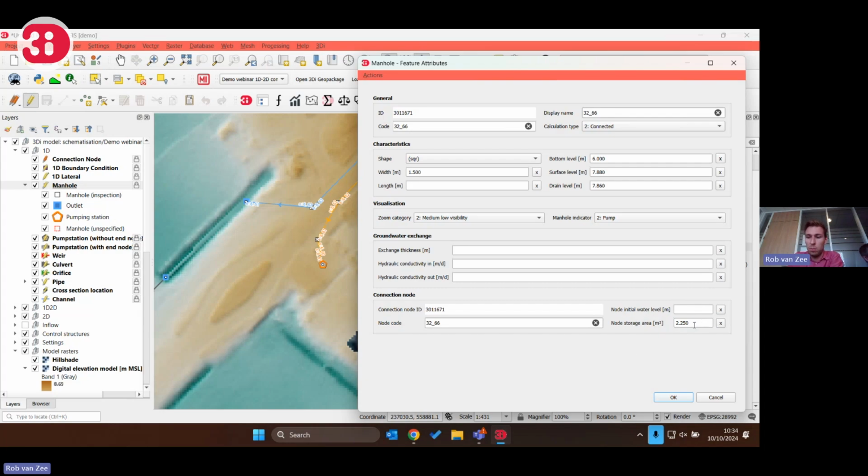So for example, if you put a value of 1 square meter here, and your manhole is 1 meter high, so you have a total volume of 1 cubic meter, but your pumping station pumps 100 cubic meters a second, which is very large, then the pumping capacity is way larger than this storage, and then you get instabilities in your model. That's something you have to look at for pumps. Further, it's mainly the same as an inspection manhole.